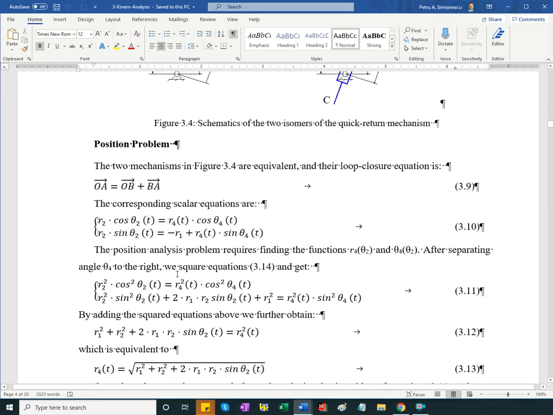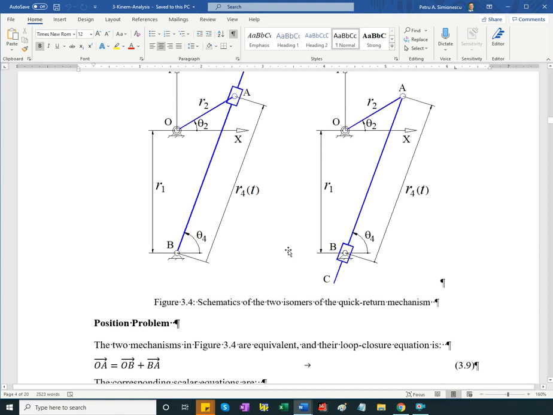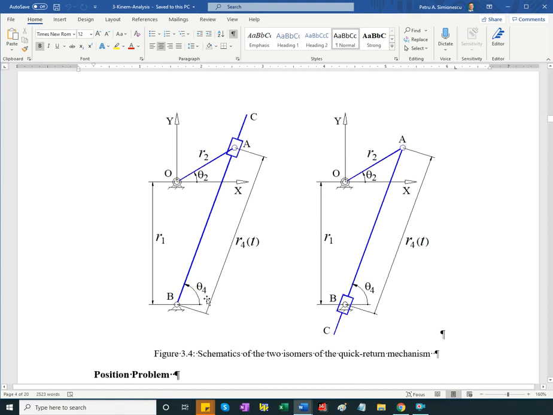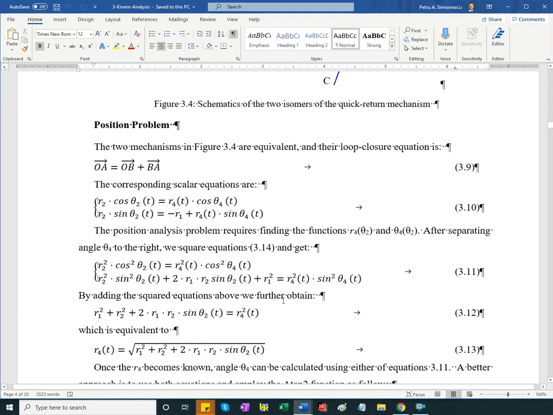Position requires us to find theta 4 as a function of theta 2, as well as r4 as a function of theta 2. As you can see, these are coupled, so I have r4 occurring on both and theta 4 occurring on both equations.